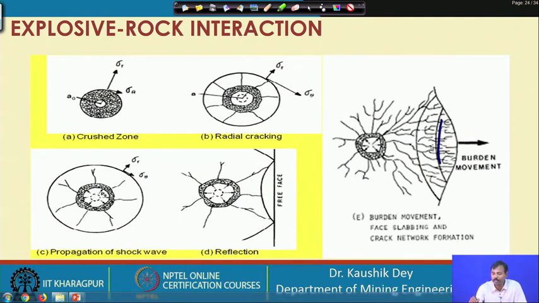Tensile slabbing must be completed up to the boundary of the radial cracking zone, and we allow our gas energy only after that, so that the gas energy can come and throw this portion of rock.